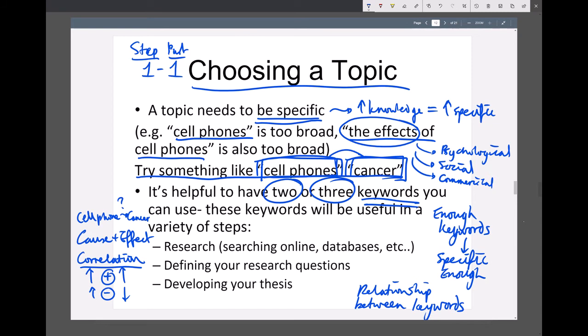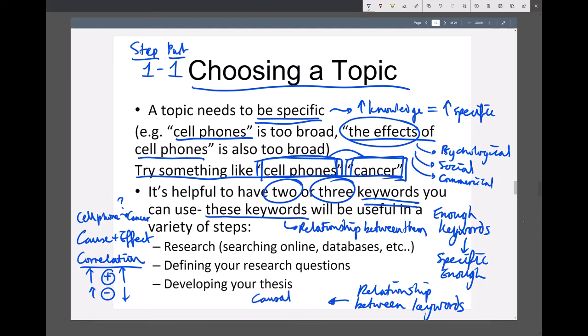Again, use more than one keyword. Look for the relationship between them. So that's interesting too. The relationship can be a causal relationship.